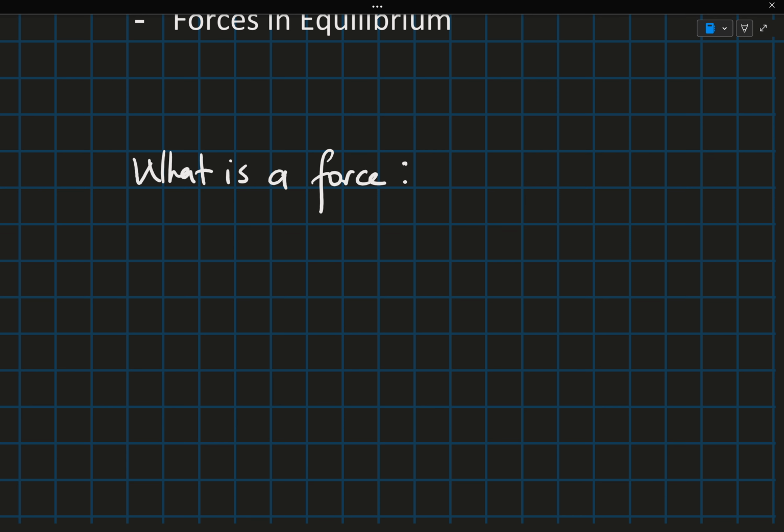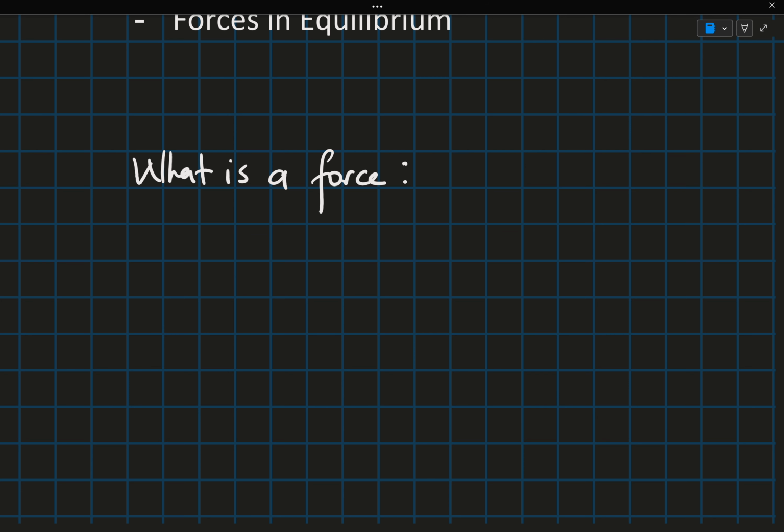Right, so it's a push or pull of an object, specifically one that has mass, that causes it to change its velocity. That's what a force is. Remember from our definitions of a force in Newton's second law, the proportionality of mass and acceleration.